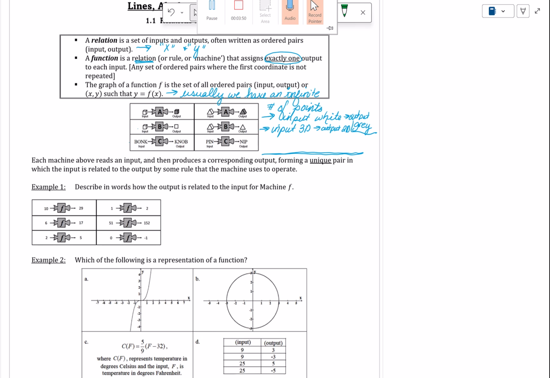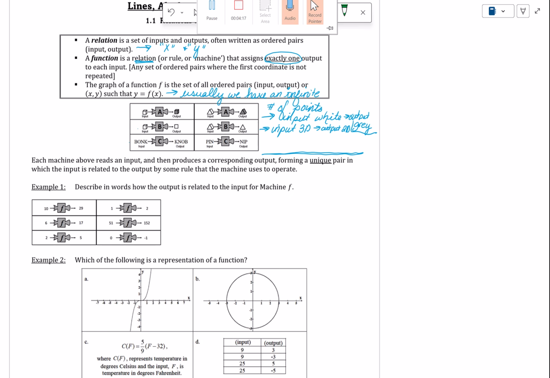That's what makes it a function, that the input gives you the exact same output every time I put that input in. So we have another function here. Now we're just naming it f instead of A, B, C. Notice you put in a 10 and out came a 29. So this function has an input of 10, does some calculation with it, and out came a 29.